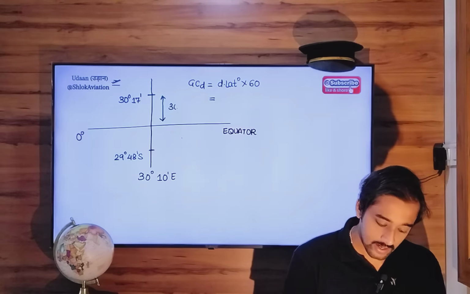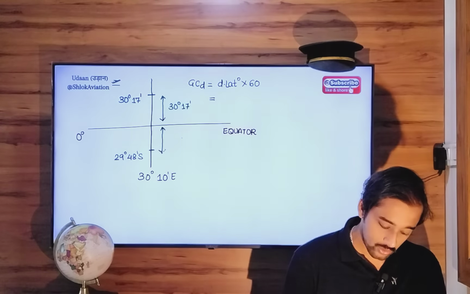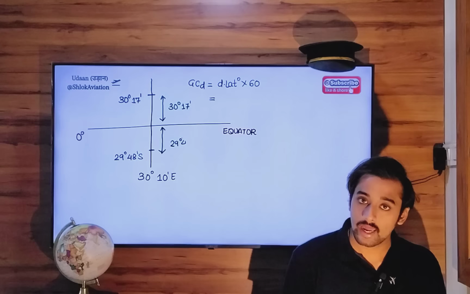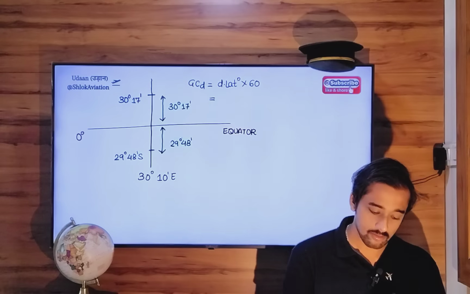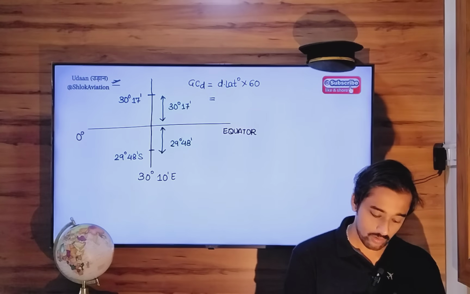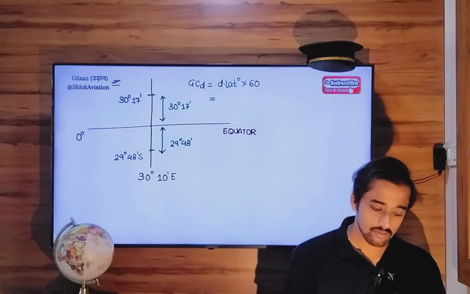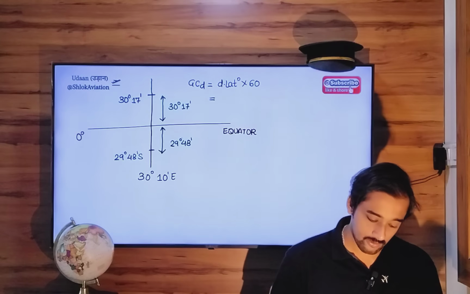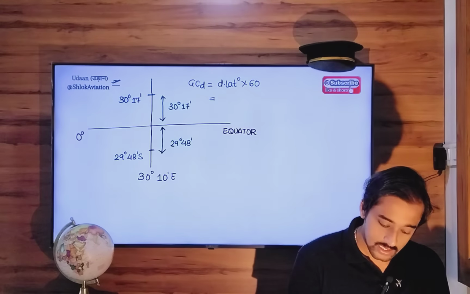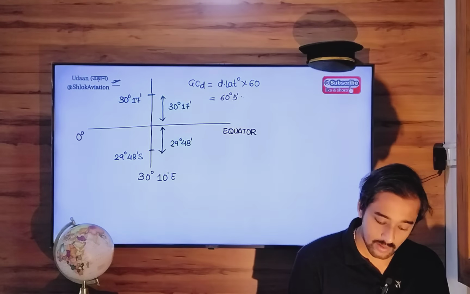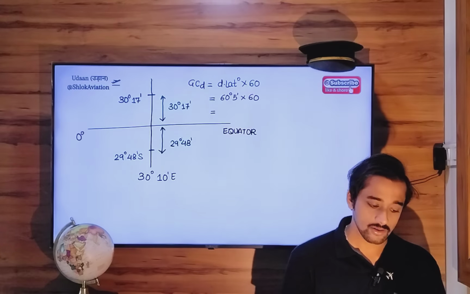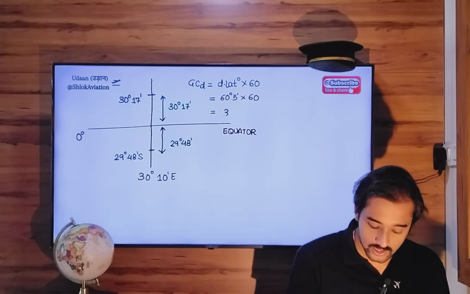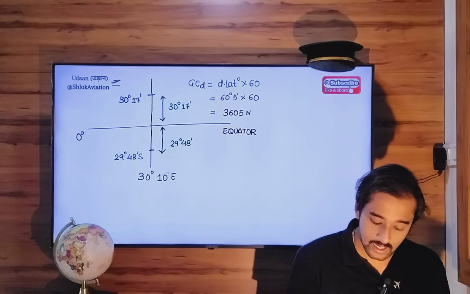So it is equal to this 30 degrees 17 minutes plus this 29 degrees 48 minutes. So the total will be 30 degrees 17 minutes plus 29 degrees 48 minutes, which is equal to 60 degrees 5 minutes. 60 degrees 5 minutes multiplied by 60 is 3605 nautical miles.